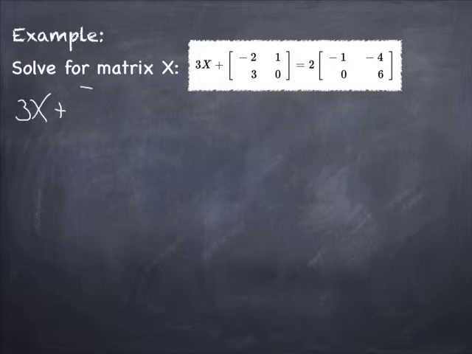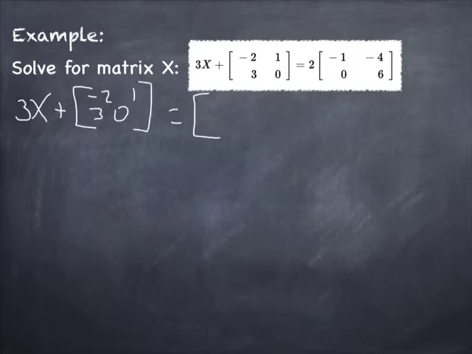3X plus that matrix negative 2, 1, 3, 0 equals, so let's multiply this out, negative 1 times 2 is negative 2, 2 times negative 4 is negative 8, 2 times 0 is 0, and 2 times 6 is 12.